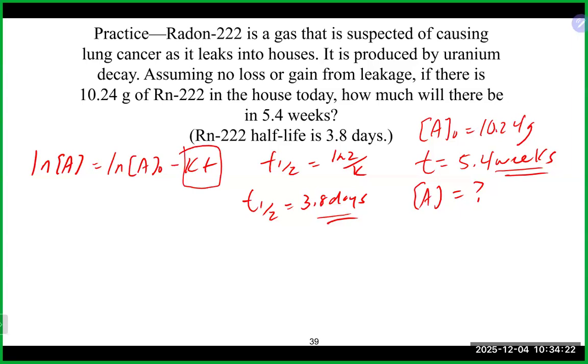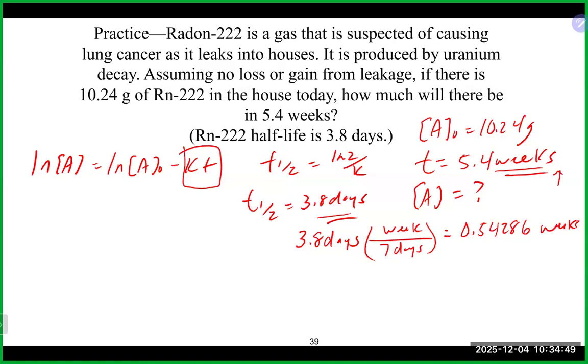It doesn't really matter which one you do, but I'll turn that into weeks here. So I'll take my 3.8 days, and there's 7 days in a week. That gets me a half-life in terms of weeks of 0.54286 weeks. You obviously could also convert the other into days and just leave this one as days.